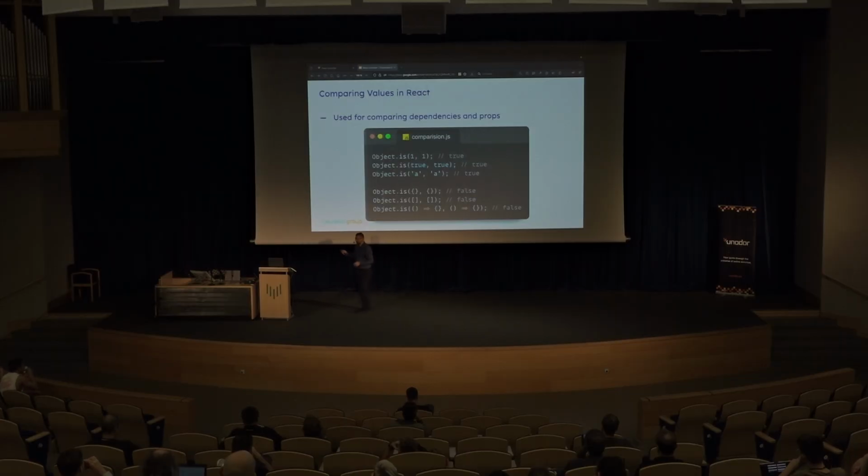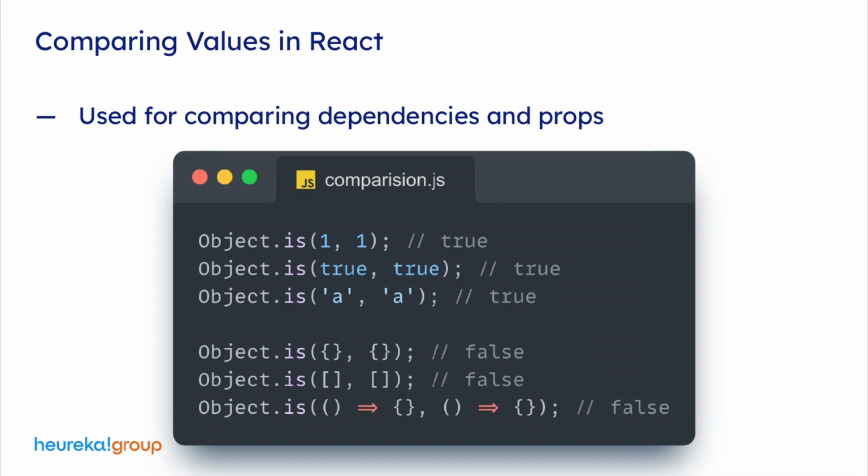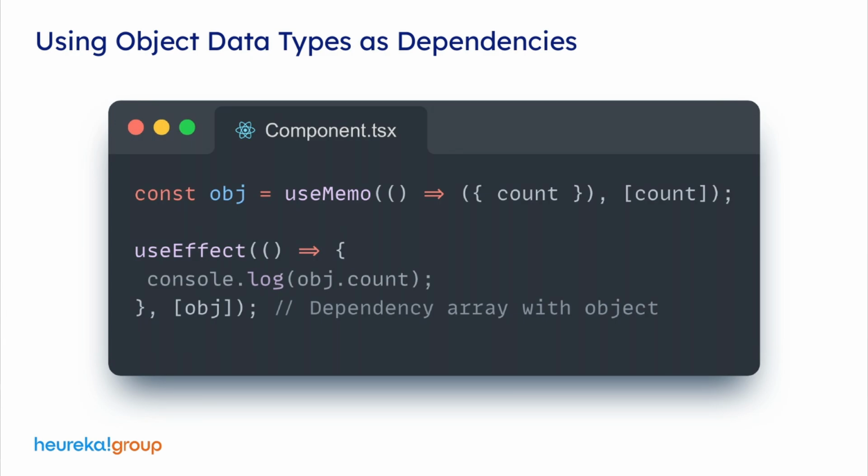So if you compare two objects with the same values, in this case two empty objects, the result is false, and the same with arrays and with two seemingly identical functions. So nothing new for you, am I right? You know about that? Great. So we have to solve these issues about referencing and memory and object data types in React.